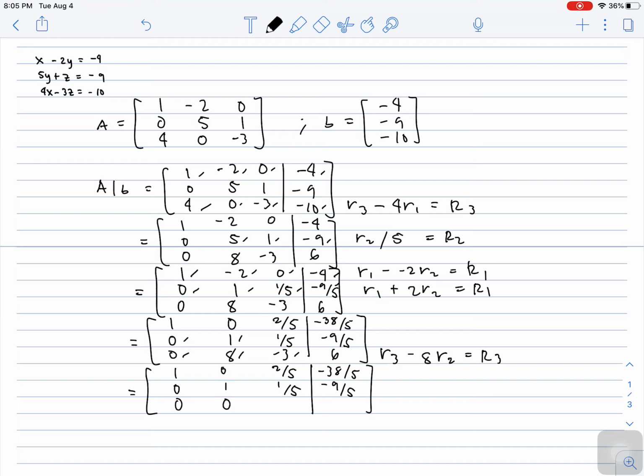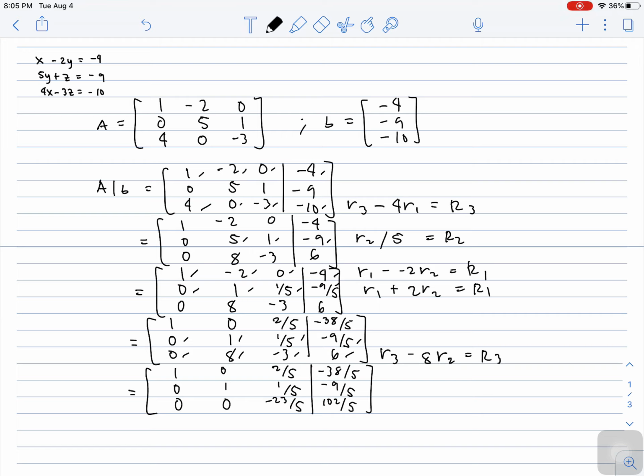Negative 3 minus 8 multiplied by 1/5 is negative 23/5. Then last, 6 minus 8 multiplied by negative 9/5 is 102 divided by 5.